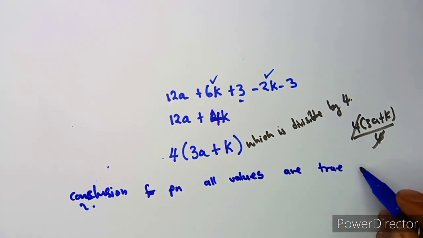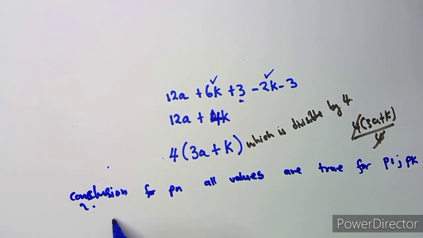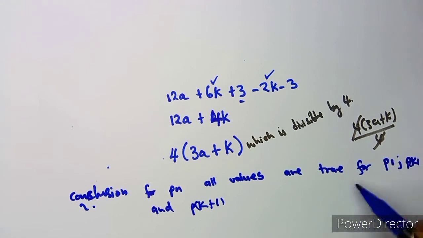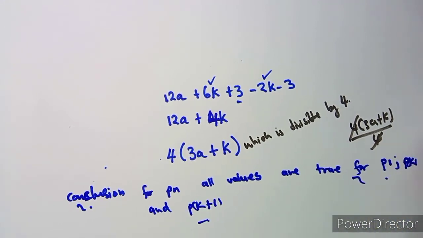We proved for P1, we proved for Pk, and we also proved for Pk plus 1. So we proved all these. So these are the parts that we are saying are actually true. If we had to cross check, guys, it was actually true. So these are the typical questions that you have on induction.